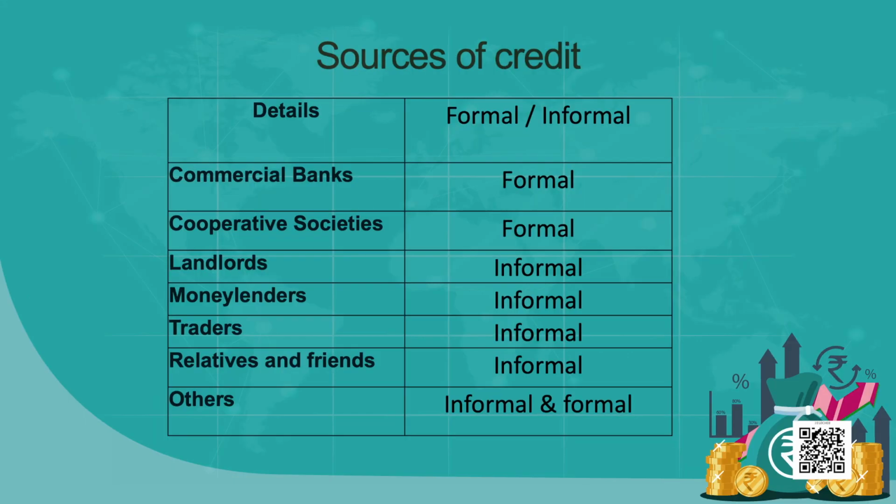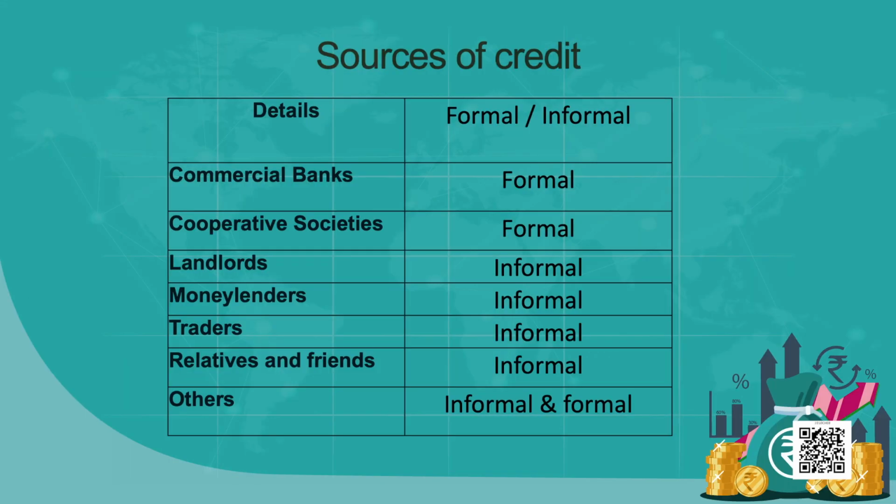There are some cooperative societies who run banks also. Then landlords, people who generally have a lot of land, assets and money, who lend it to needy people who may be working with them or living in the local areas.